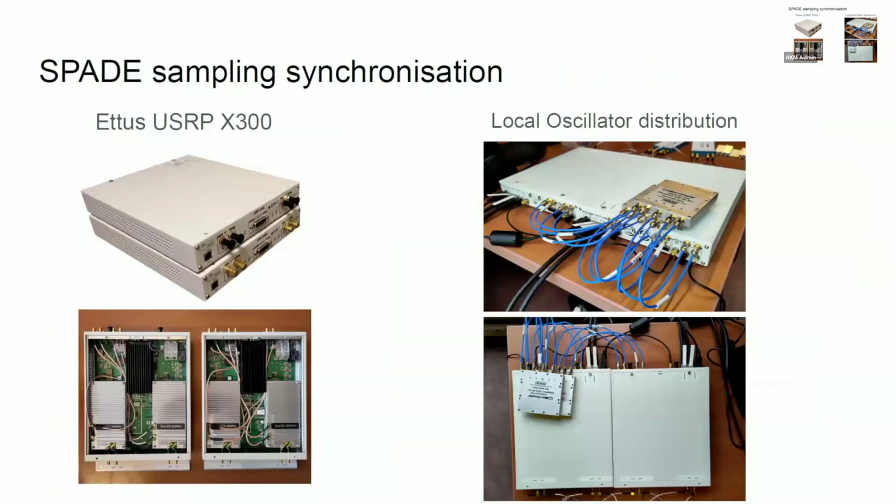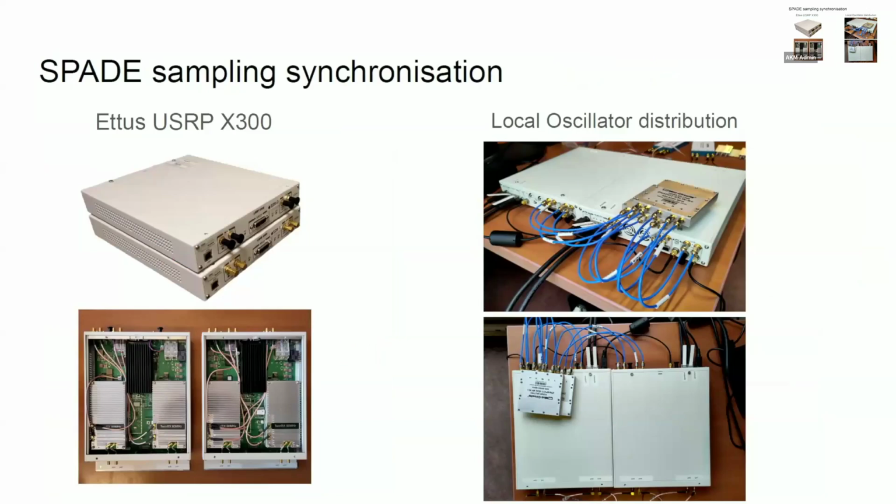So for SPADE, the SDR that we use are the USRP X300. They are all built with 2 daughterboard twin RX that, as I said before, allows us to get a total of 8 channels.